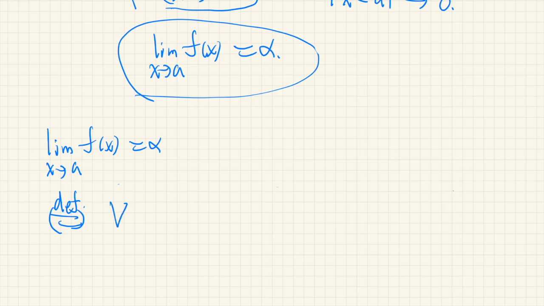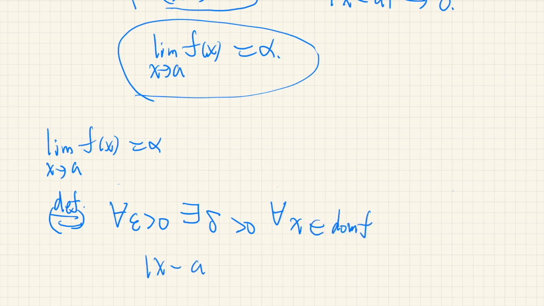That is, for all epsilon that is positive, there exists some delta that is positive, such that for all x in the domain of f, if the difference between x and a is less than delta and greater than 0, then the difference between f of x and alpha is less than epsilon.